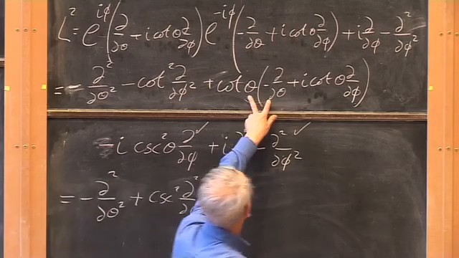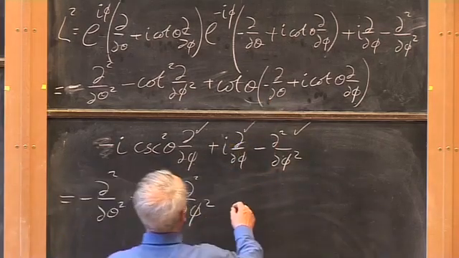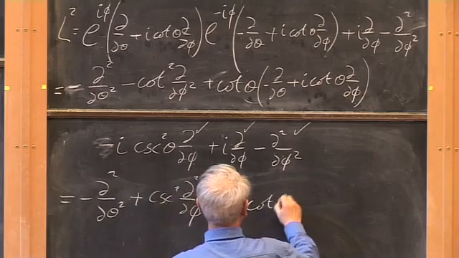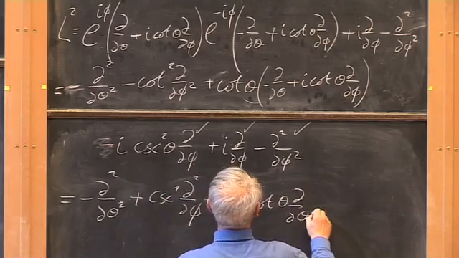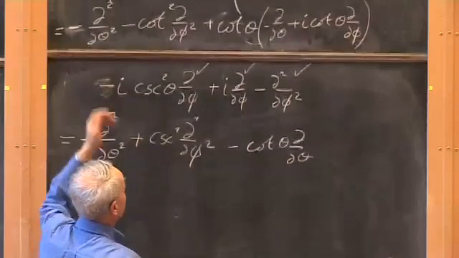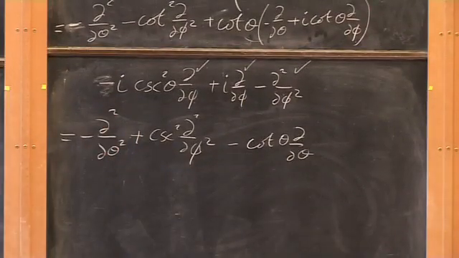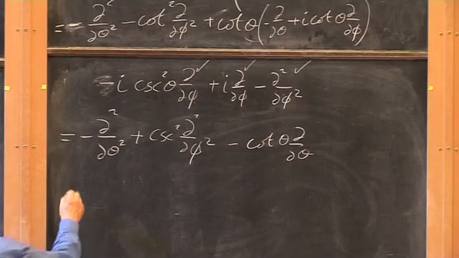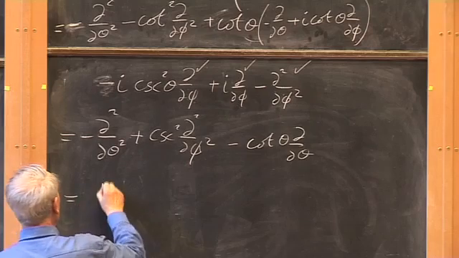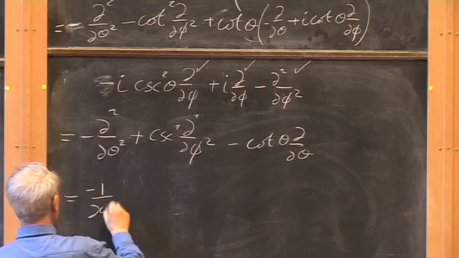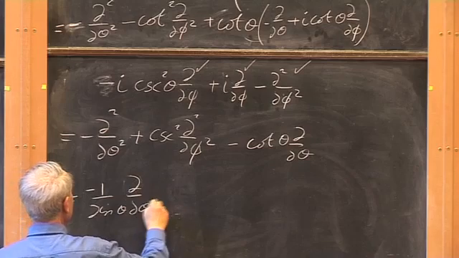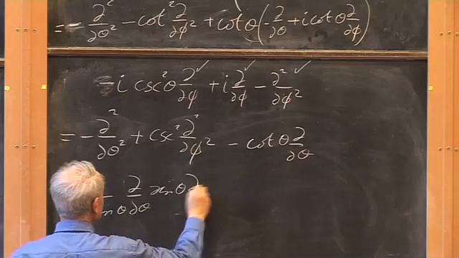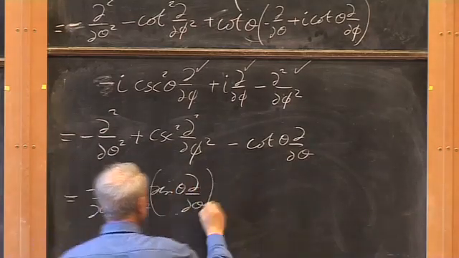This one? Yeah. Right, so that remains cot theta d by d theta, thank you. So we now consolidate this, all being well, into minus 1 over sine theta d by d theta of sine theta d by d theta.